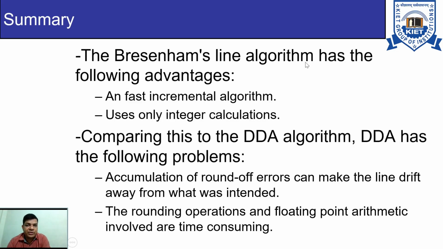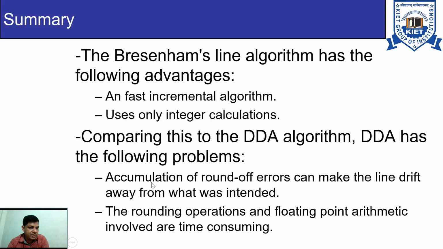The Bresenham's line drawing algorithm has the following advantage: it is a fast incremental algorithm. It is fast in comparison to DDA algorithm. And in this case you can see that we are dealing with only the integer calculations. Now comparing this to the DDA algorithm, DDA has the following problems.